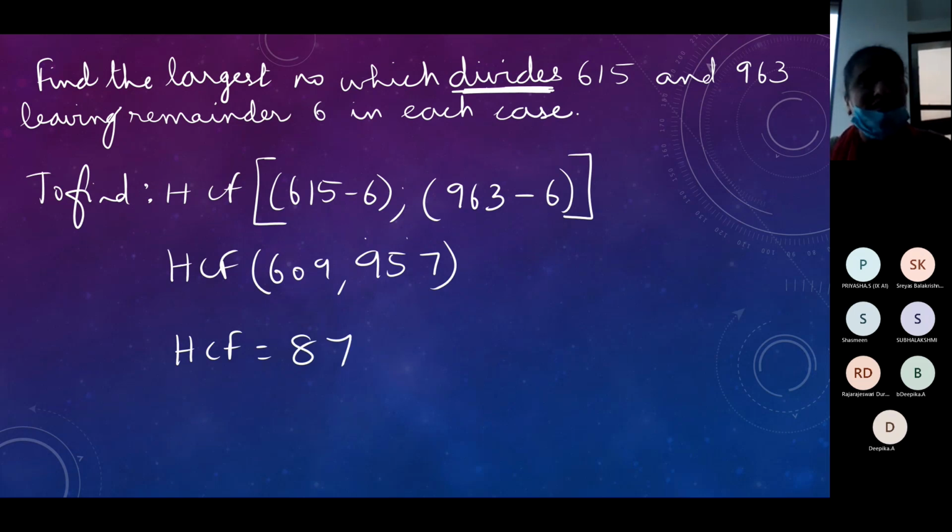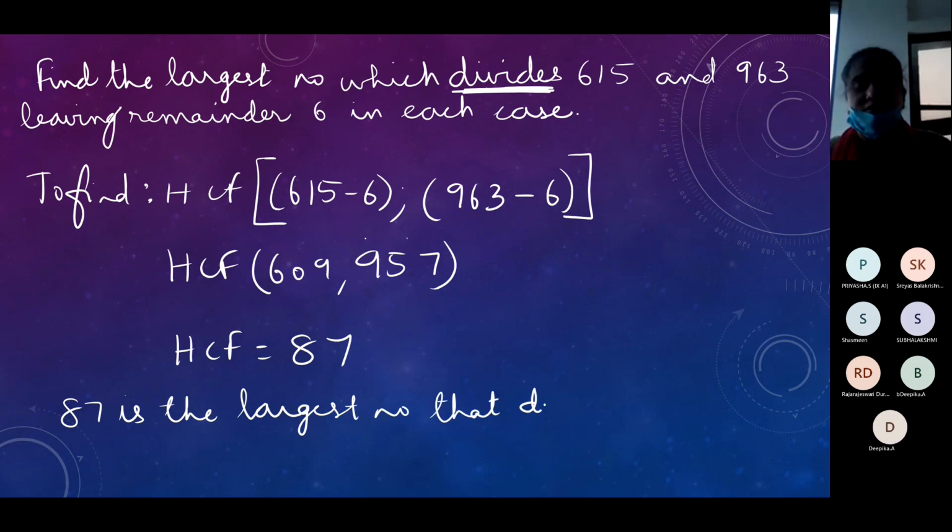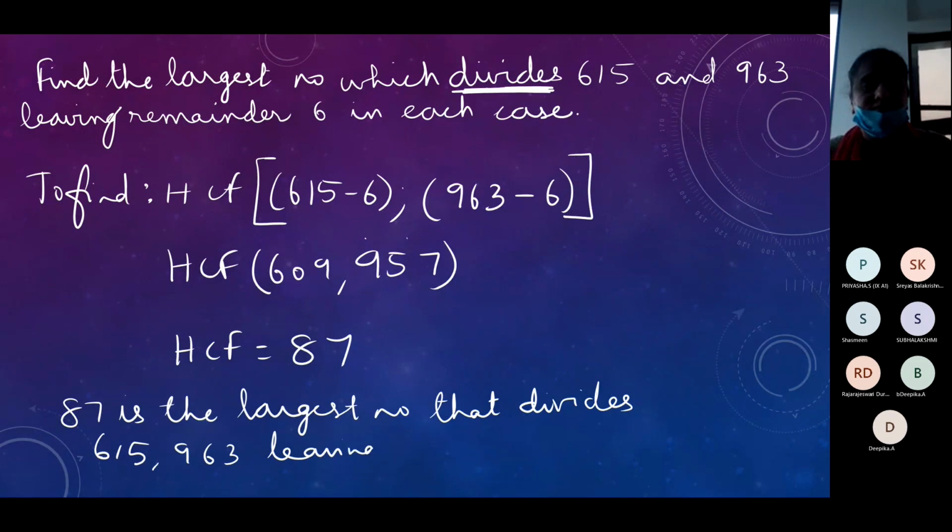So 87 is the largest number that divides 615 and 963, leaving remainder 6 in each case.